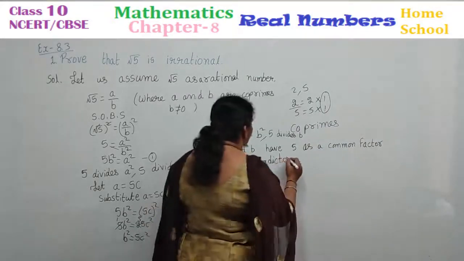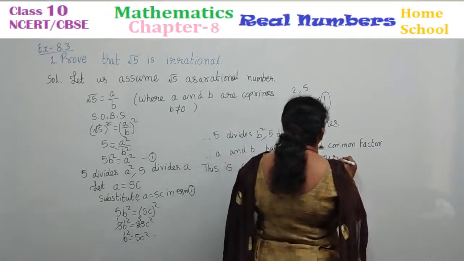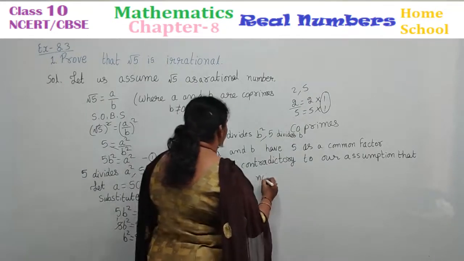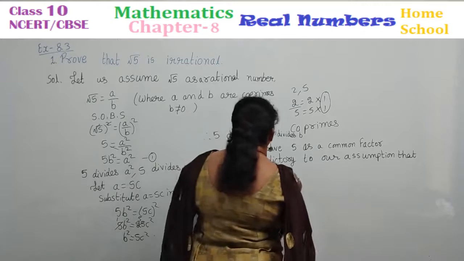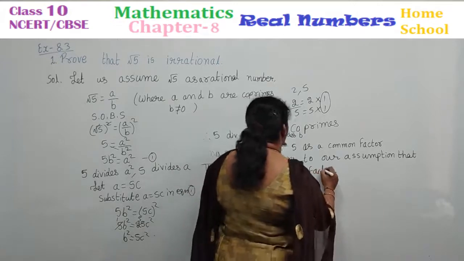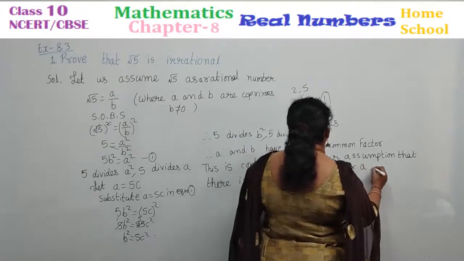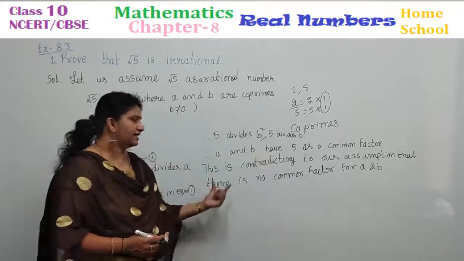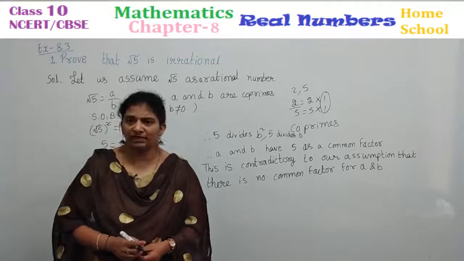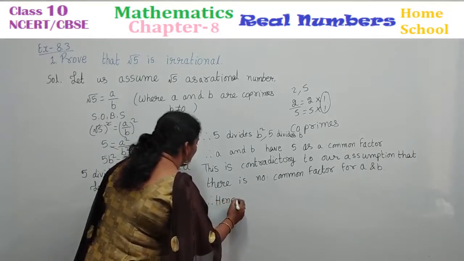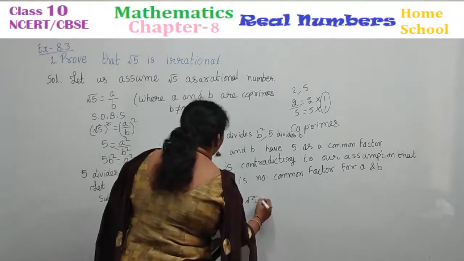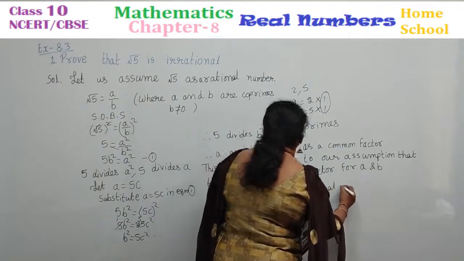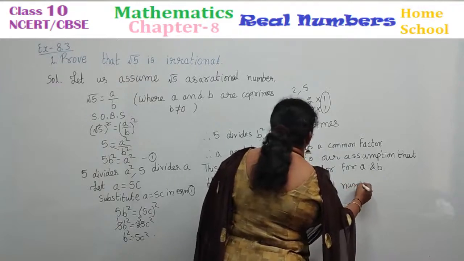Therefore, this is contradictory to our assumption that there is no common factor for A and B. Therefore, final answer you can say that hence root 5 is an irrational number.